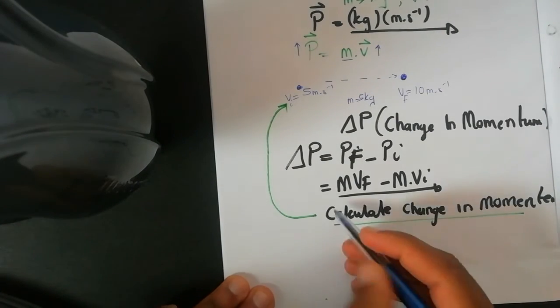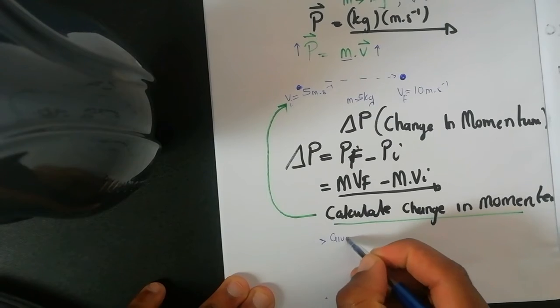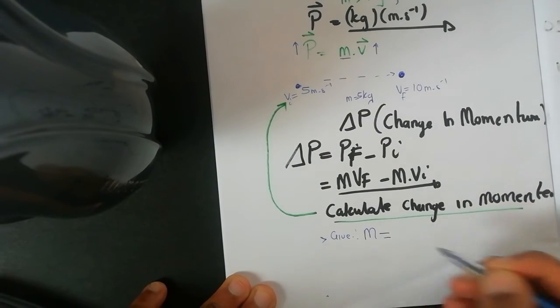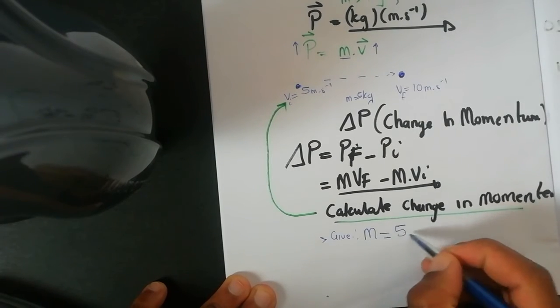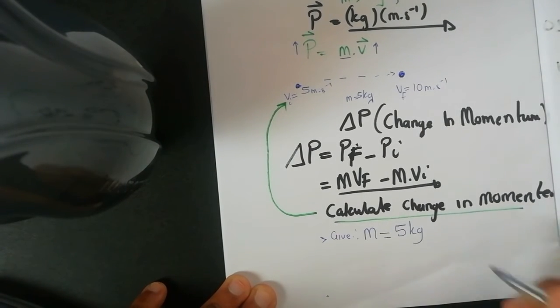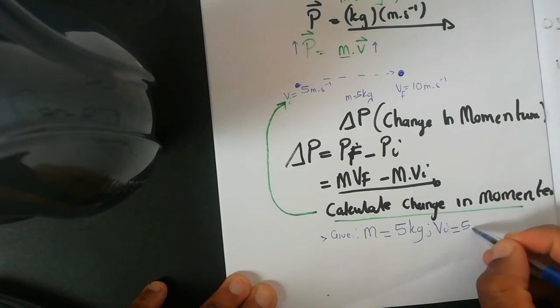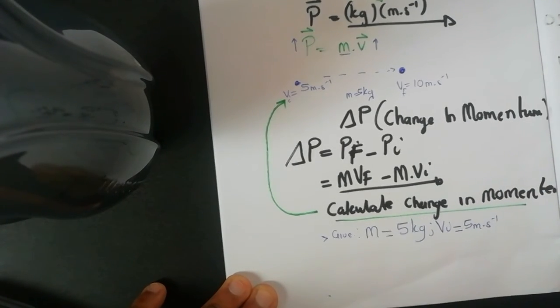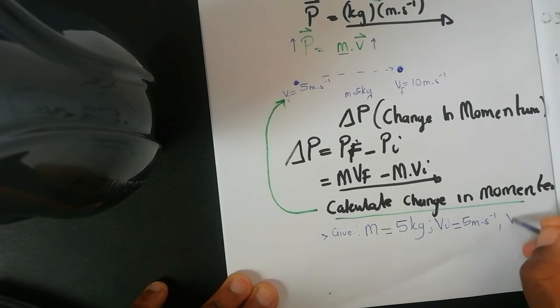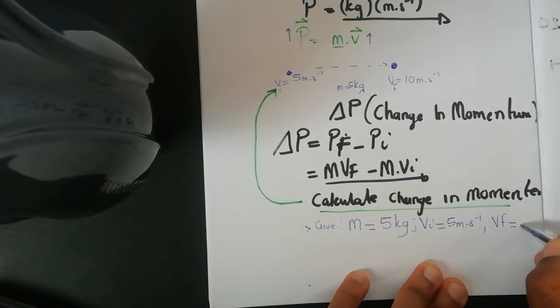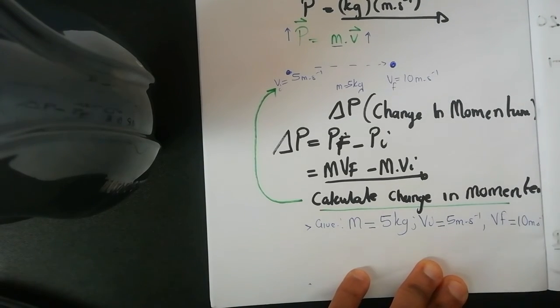So what you are given: mass is 5 kg, v initial is 5 meters per second, and vf is 10 meters per second.